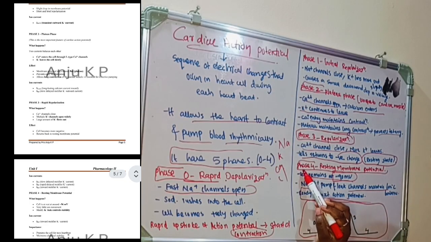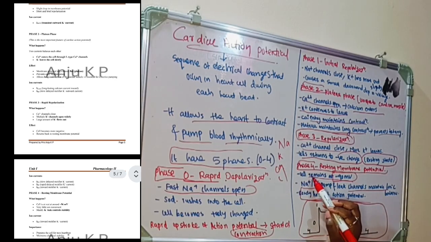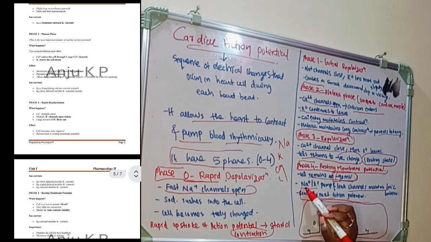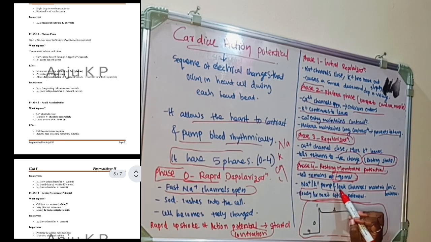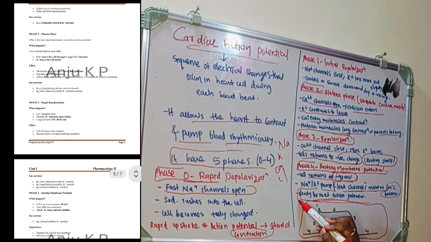We will go to phase 4, that is the resting membrane potential. Here the cell remains at minus 90 millivolts, and the sodium-potassium pump and leak channels will maintain the ionic balance. In phase 4, it gets ready for the next action potential.